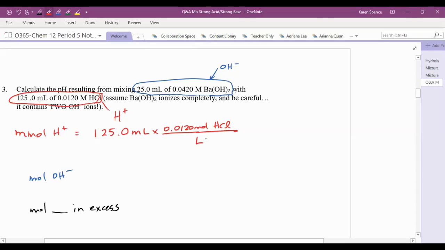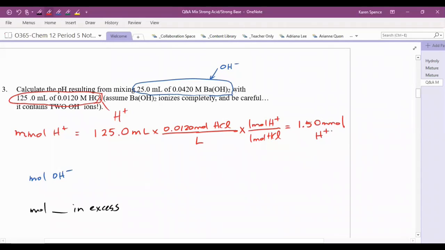And there is one H+, so 1 mole of H+ for every 1 mole of HCl. All right, plug that into my calculator here. 125 times 0.012 is 1.50 millimoles of H+.